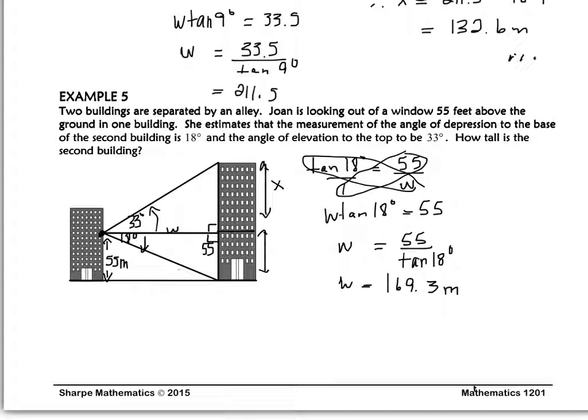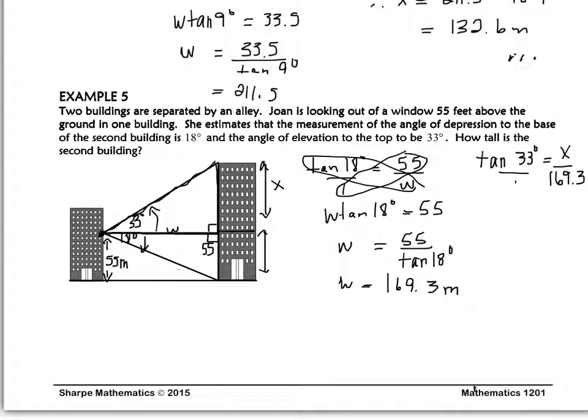And then I want to take that W and use it in the other right triangle, the top right triangle, from where Joan is looking to the top of the building, down, and right here. So I'm on this right triangle now, and I would use tan of 33 this time, and it would equal the x that I want over the adjacent, because opposite would be x, and adjacent would be the W that I just found, which is 169.3.